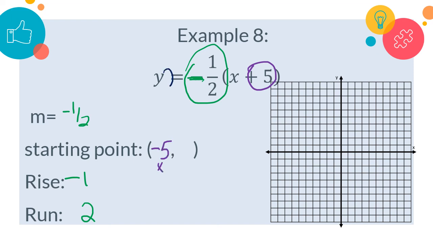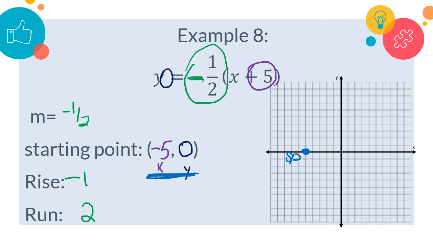Y, ooh, there's nothing with my y. So I'm going to add 0 to keep it the same. So that means my starting point is on the x-axis at -5 and 0 up or down. Okay, that's my starting point right there.